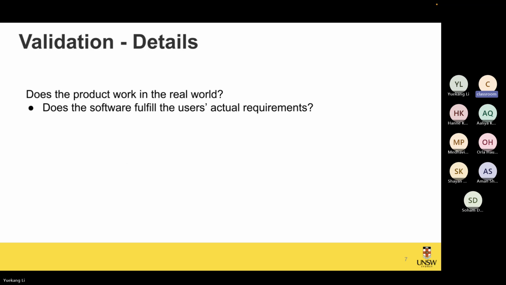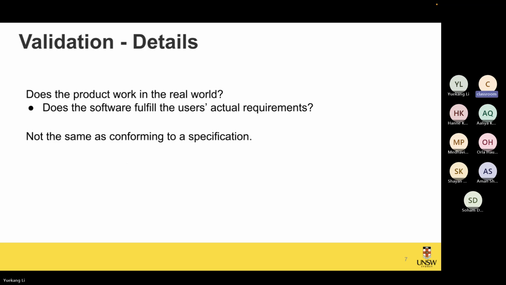For validation, it is somehow different. We care more about how the final product performs, especially in real-world settings. It's not like an experiment conducted in a controlled environment. It's more about how it performs when deployed, and whether the software fulfills the actual needs of the users.